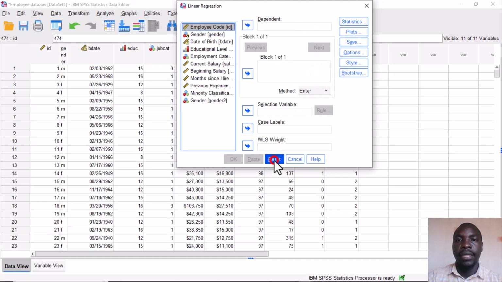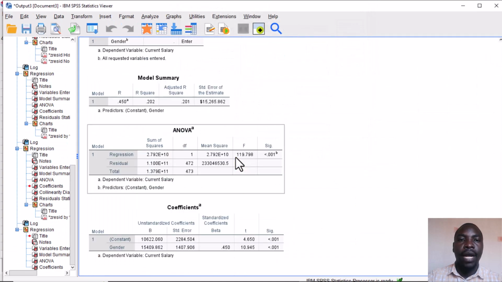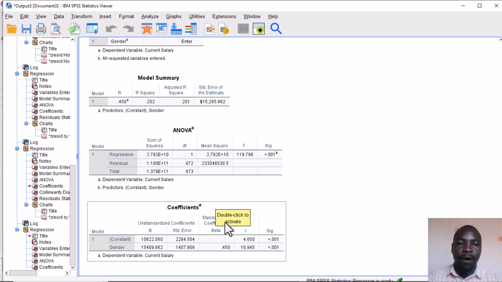Let me just reset this. Our outcome is current salary, the dependent variable, and then let's start with gender, and then we say okay. If you look at our variable gender, our p-value is here, less than 0.001. So that is less than 0.2. So we take that variable, we shall consider that variable for multivariate analysis.